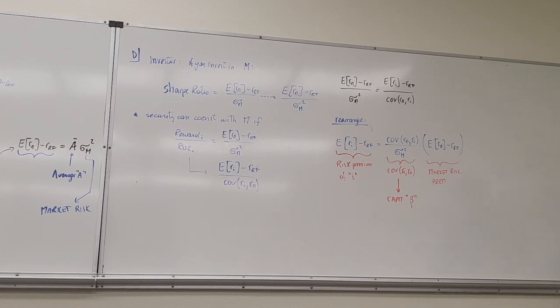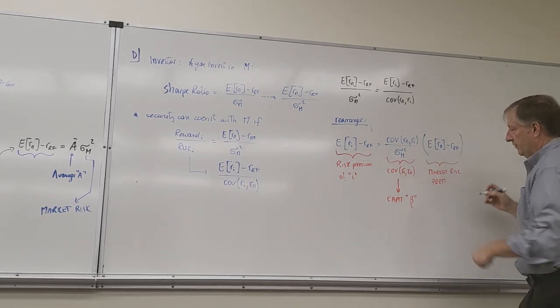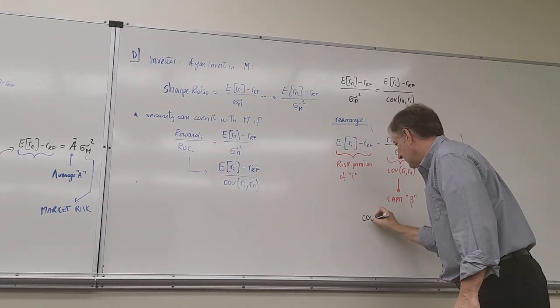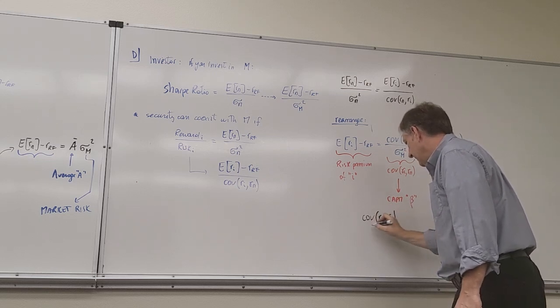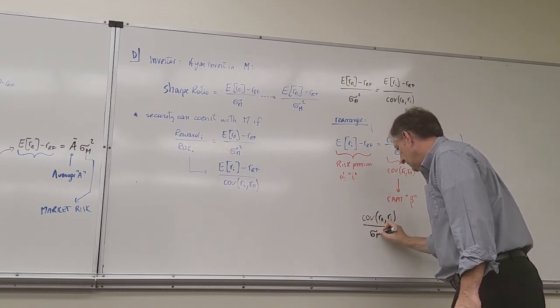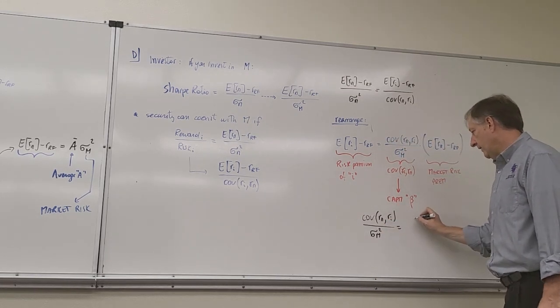So the way you have seen this thing before is like this. But let me explain a little bit more this thing. You have covariance between Rm and Ri divided by sigma m squared. This can be written as, the way you compute covariance is what?